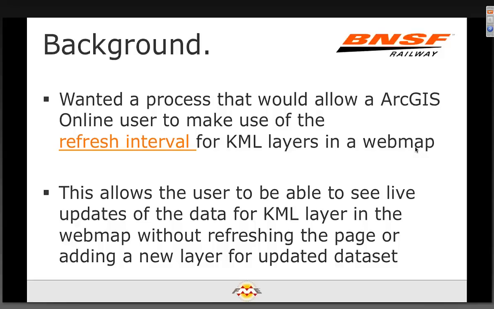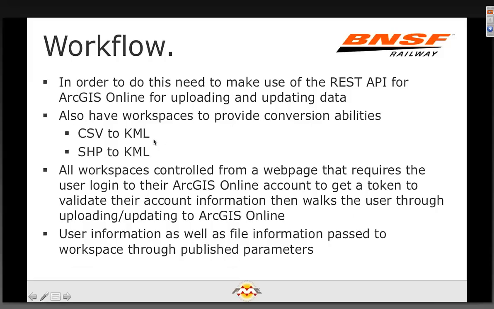But he wanted to do it in a live refresh, and this data was coming from all kinds of other places. And so what he did was he uses FME to create KML. And then he uses a KML layer in a web map with ArcGIS Online and has it refresh in a regular way. And so the input data, in his case, again, a bit of a more traditional FME story, is CSV point data coming from somewhere into KML, as well as shapefiles into KML.